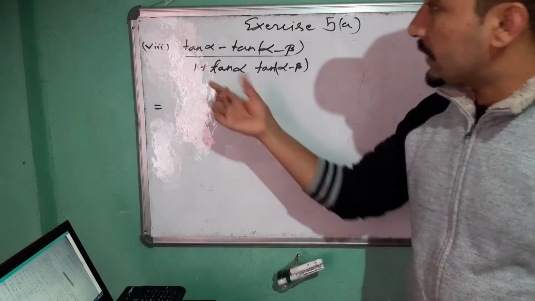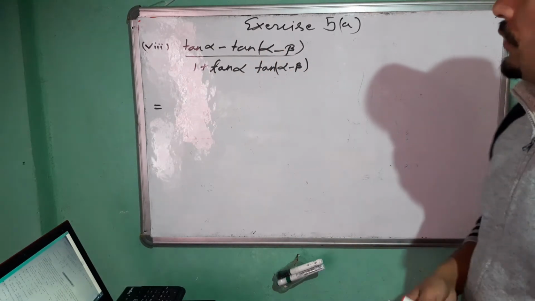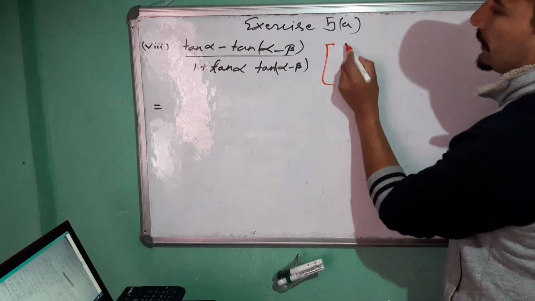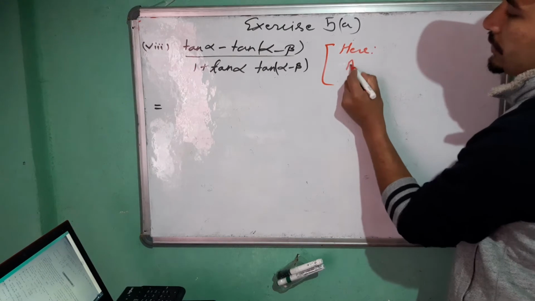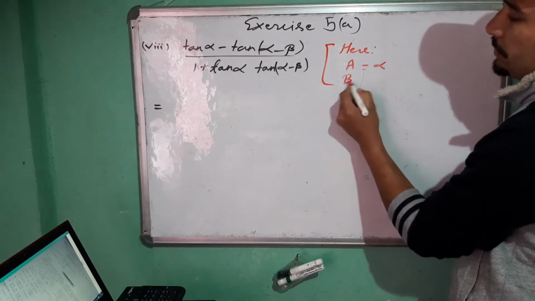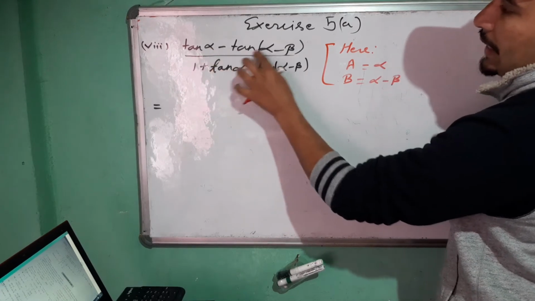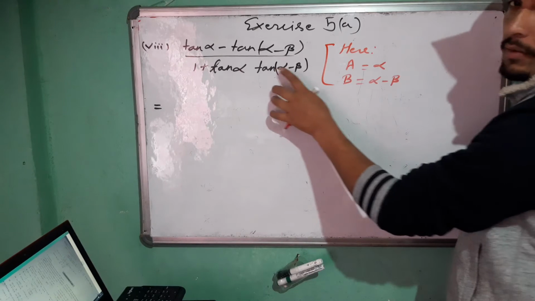Okay, now the next question is number 8: tan alpha minus tan(alpha minus beta) over 1 plus tan alpha into tan(alpha minus beta). Here in place of a you have alpha, and in place of b you have alpha minus beta. So tan a minus tan b over 1 plus tan a tan b.